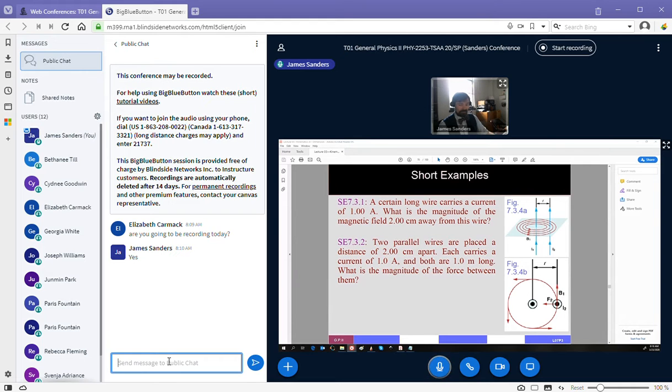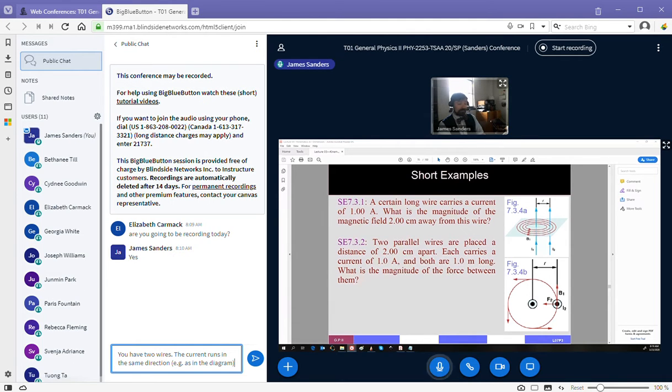All right, so let's say that you have two wires, and the current runs in the same direction, as in the diagram.